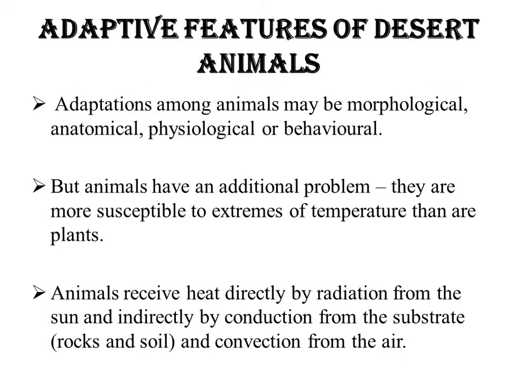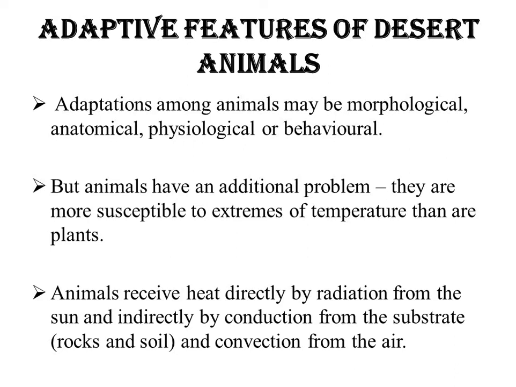So we'll consider the animals which are present in the desert and the adaptive features of these desert animals. Adaptation among animals may be morphological, anatomical, physiological, or behavioral. That means the adaptations are divided into 4 types.